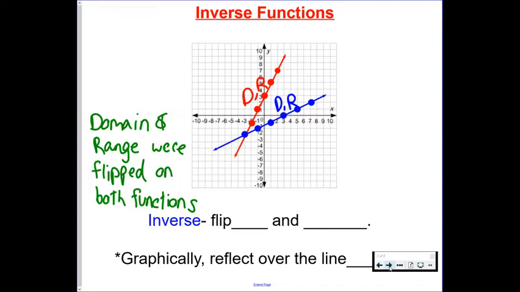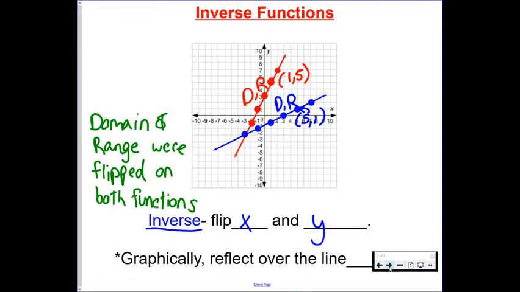And we can see that just looking at our ordered pairs. For instance, here's the ordered pair 1, 5 up here on the red graph. If we invert that, then we have an ordered pair of 5, 1, and that's right here on the blue graph. When we take our x and our y value and flip them, that is called an inverse relationship.